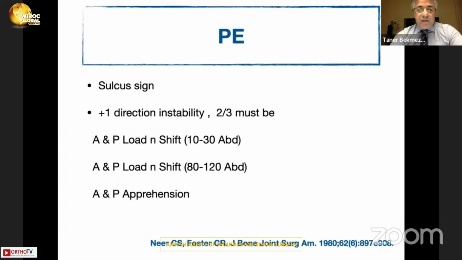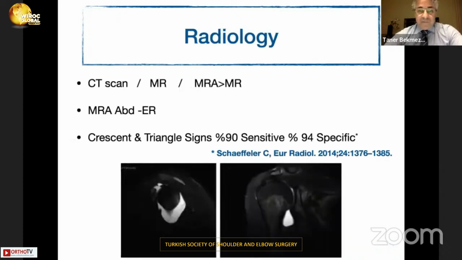There is no gold standard for diagnosing MDI objectively, but based on the original recommendations of Neer and Foster, we generally use this: the sulcus sign, inferior laxity, is mandatory, plus instability in another direction, depending on three examinations: AP load and shift in two different abduction degrees, and anterior and posterior apprehension tests. Two of these three tests must be positive.